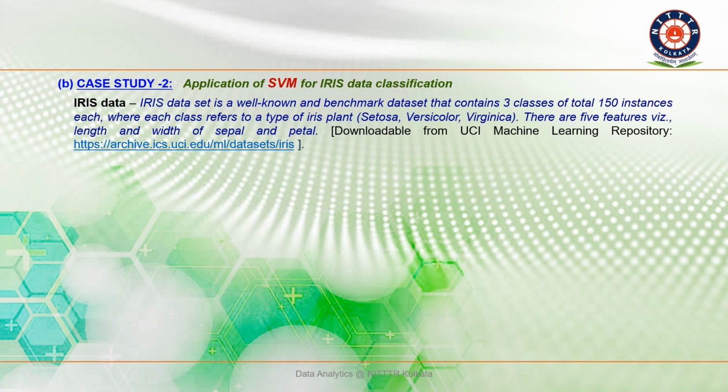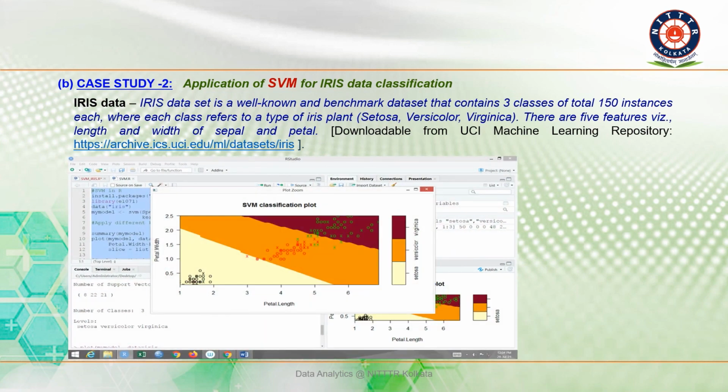You can go through and find the details of the data, and by applying the algorithm using the R platform, we have got this diagram. You can see that 3 different plants have been classified by this SVM classifier and visually represented by 3 different colors, and that is how SVM classification can help to classify 3 classes.